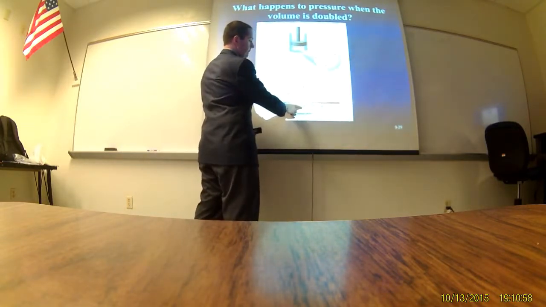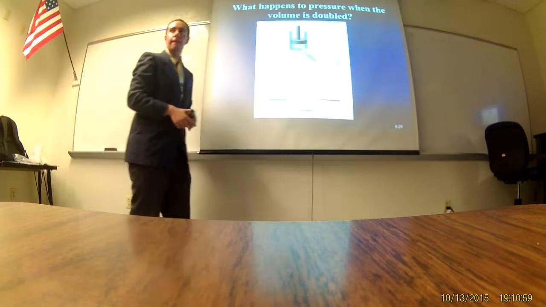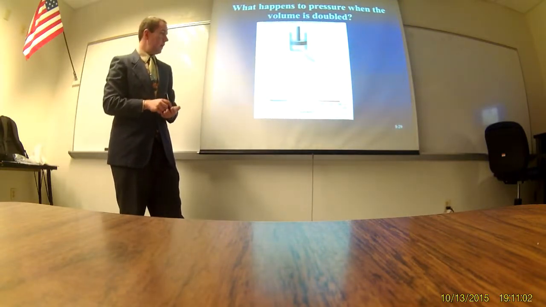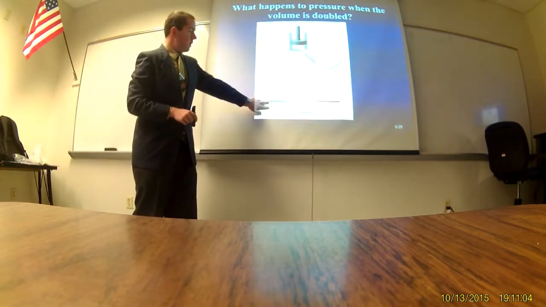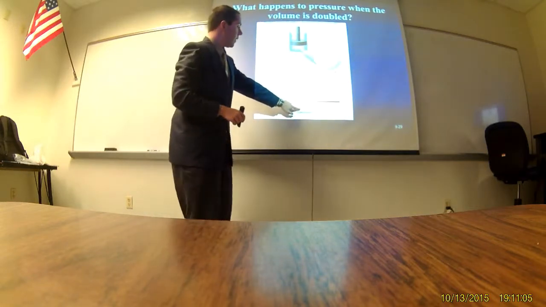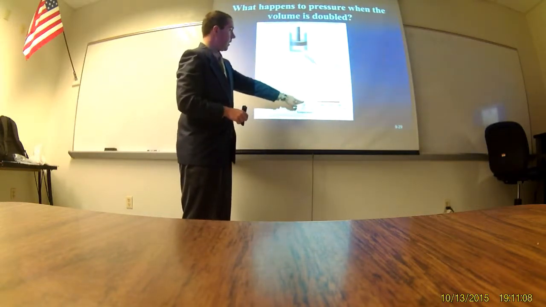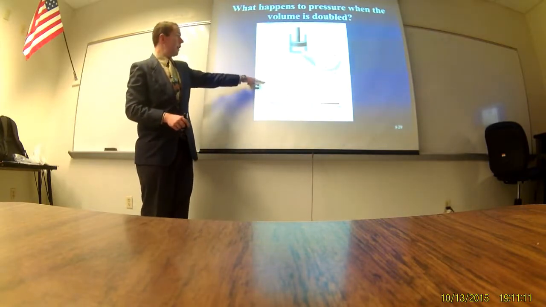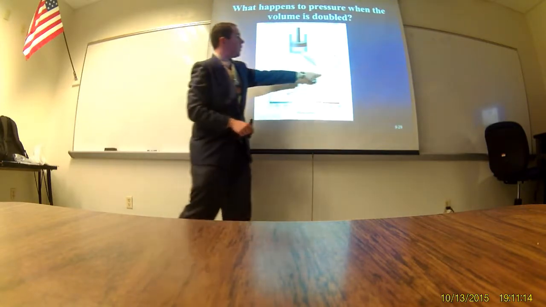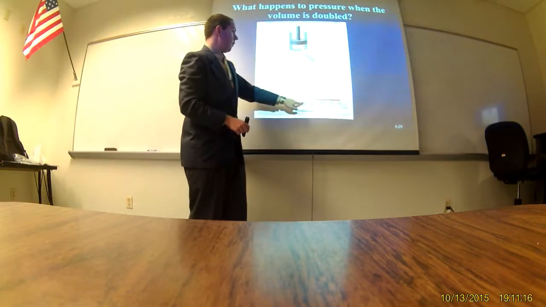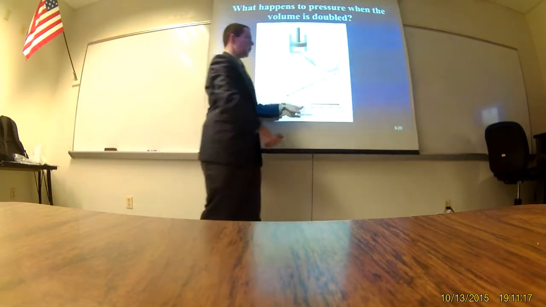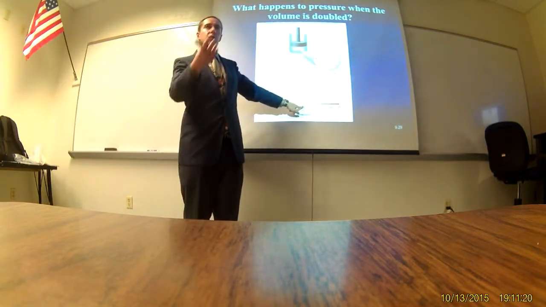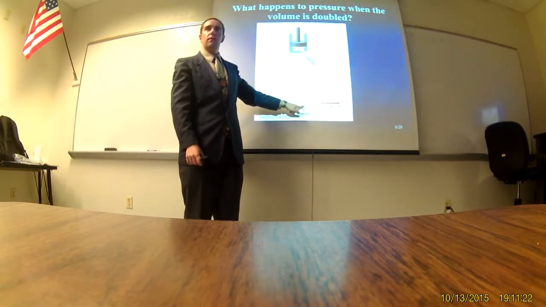Here we have 1 liter of volume, so now we need 2. It goes to 500, versus 100. But why did it go from 100 to 500? We said it should be linear. If you double one, you should double the other.